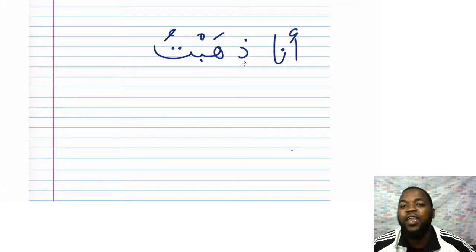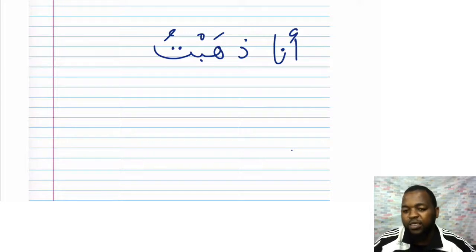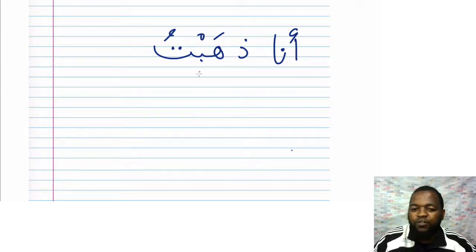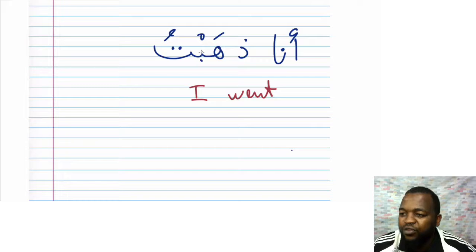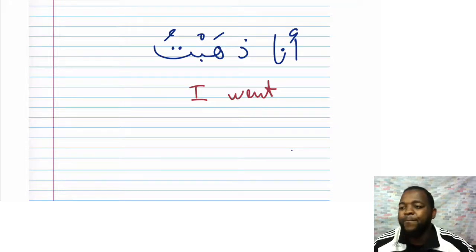Here we have a nominal sentence. When we have a nominal sentence, what are we looking for? By the way, before that, let me translate. When I say ana dhahabtu, in English it is "I went." Great. Now let's analyze it.